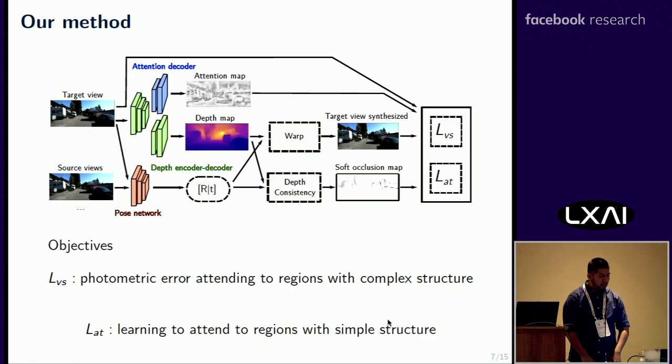And we propose to produce a soft occlusion map that will have the probability of every pixel to belong to an occluded region. This model is trained with a photometric error that will attend to regions with a complex structure, and we also have a loss that we'll use to train the attention decoder, that will increase the attention in regions that have a simple geometrical structure.